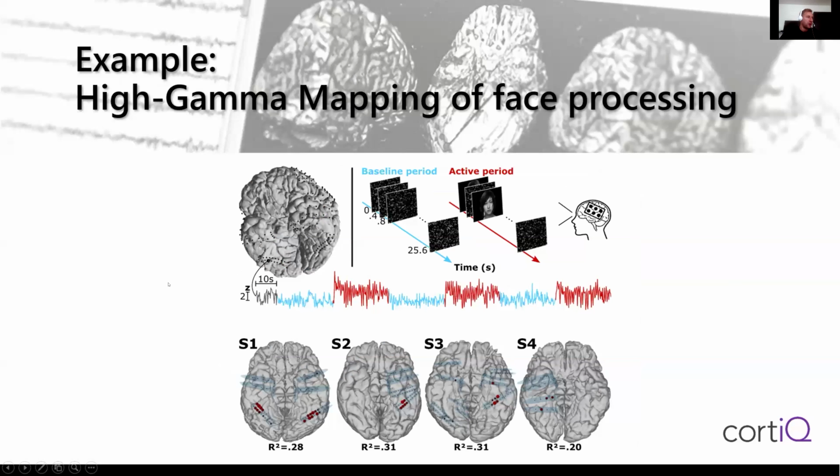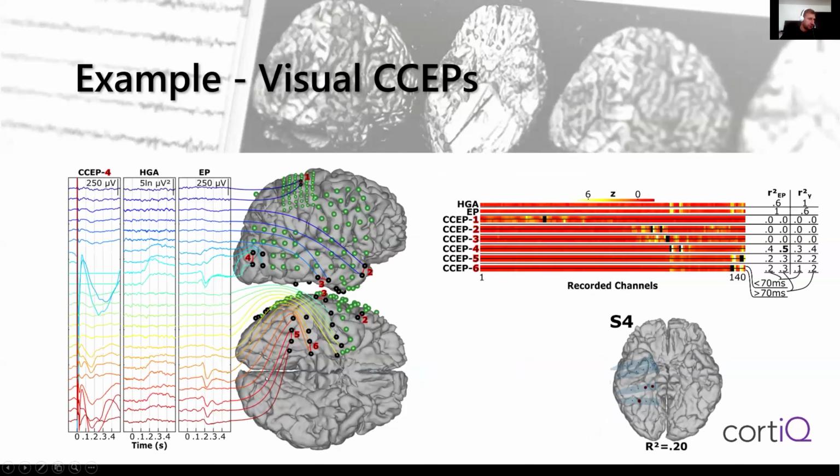This can now also be associated, for example, with electrophysiological biomarkers, so we can measure the high gamma activity, for example here, for face perception. You can see here, whenever the person is looking at a face, we get in red this very strong increase of the high gamma activity, here in Z-scores, and then we can localize face-related areas.